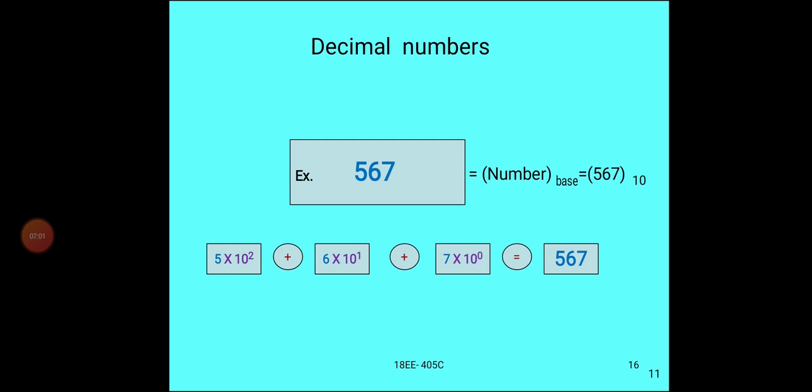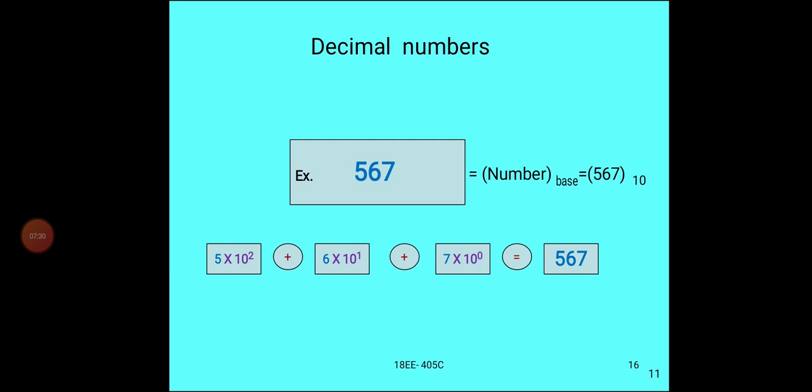567 of base 10 is written in powers of 10. 10 to the power of 0 multiplied by 7, plus 6 multiplied by its positional value 10 to the power of 1, plus 5 times 10 to the power of 2.